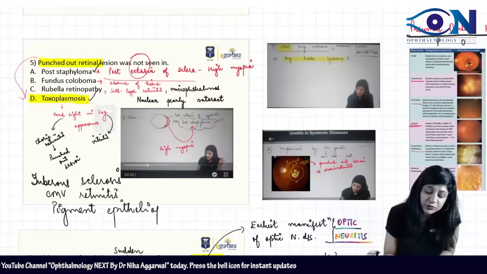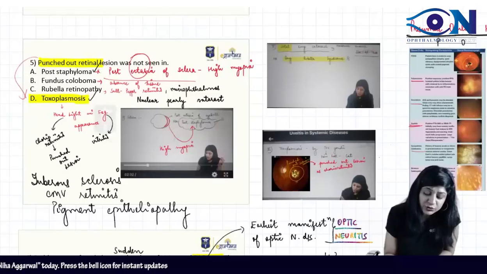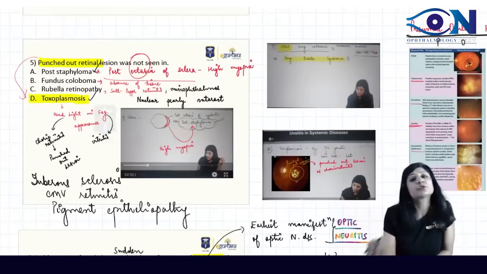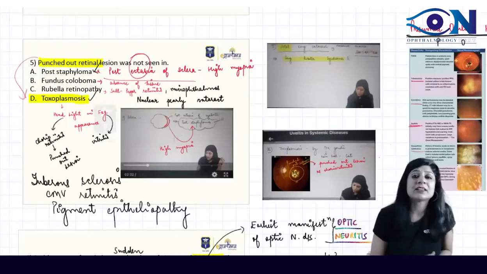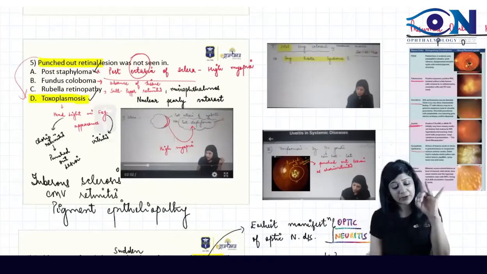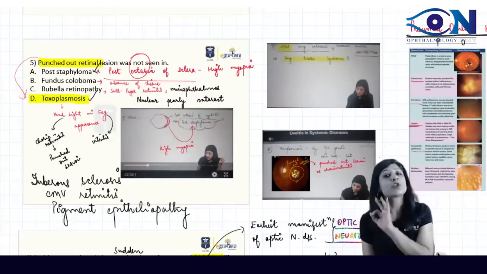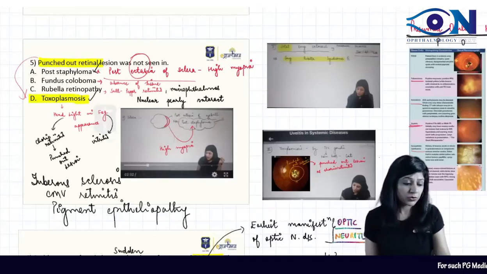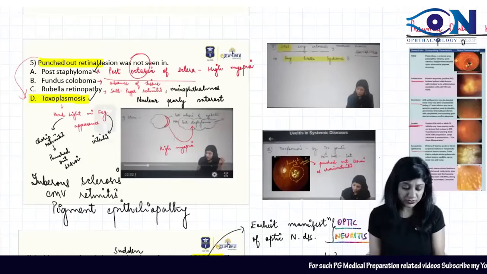If they have given you these options and one was posterior staphyloma, then posterior staphyloma will be the answer, because it is not a punched out lesion. Toxoplasmosis, pigment epitheliopathy and tuberous sclerosis can all show it. So in that case the answer will be not seen in.